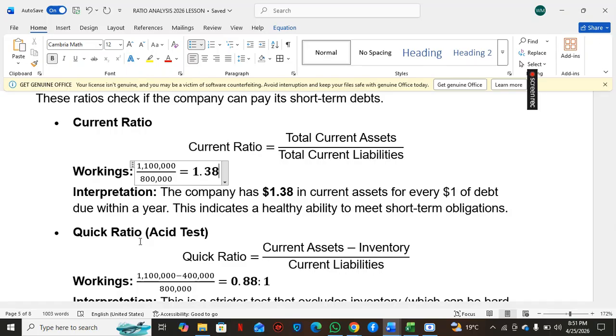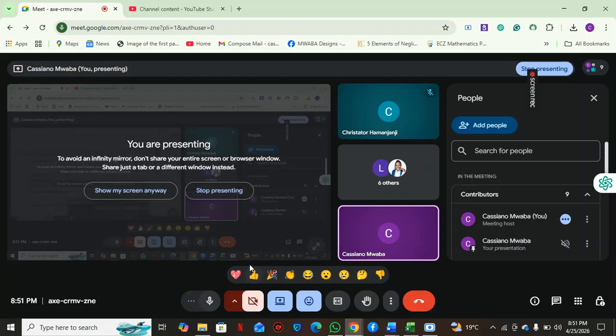Because remember, colleagues, a lot of businesses, their revenue is mostly dependent on the selling of inventory. Now, what the quick ratio is saying is this: if you remove the inventory from the picture, can the remaining current assets cover the current liabilities?